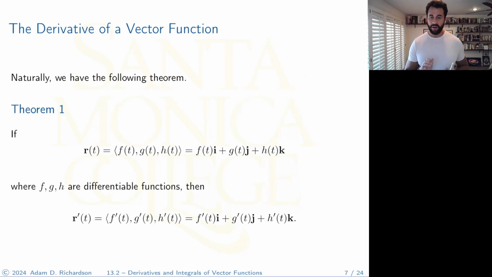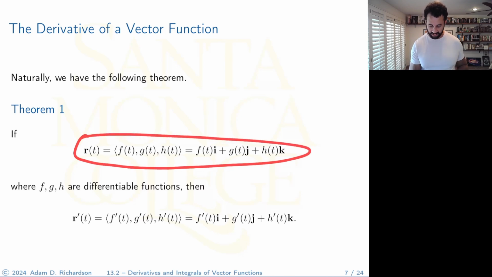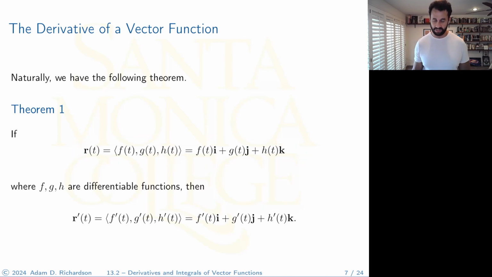All right. Now, naturally, we have the following theorem. This is where things get nice. The construction is similar to what we saw in the past. If your vector function is given in terms of the component functions f, g, and h, and those functions are differentiable, then the derivative of the vector function is determined component-wise.